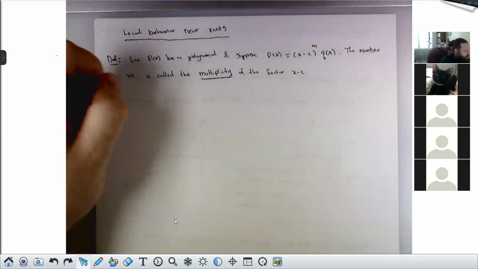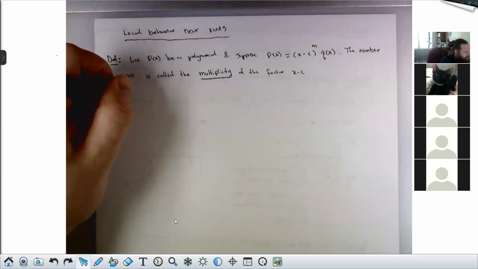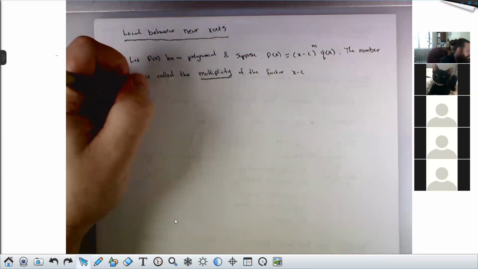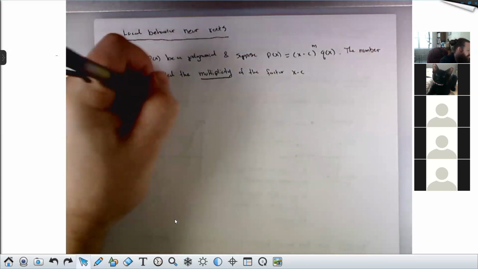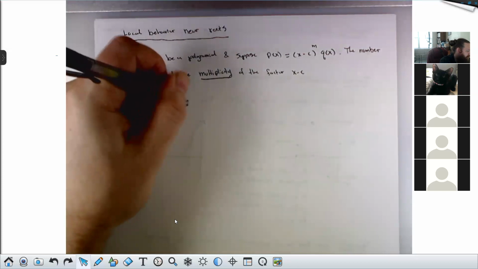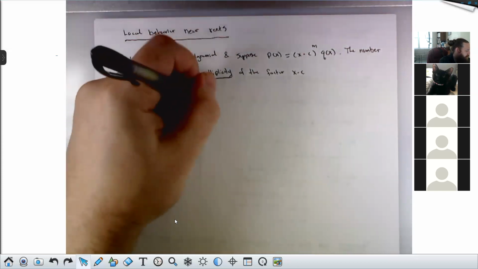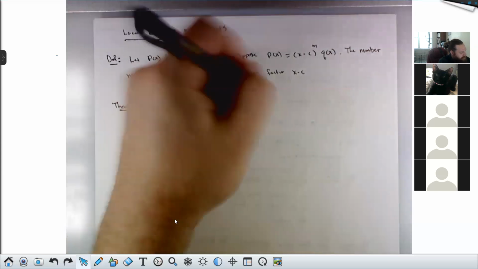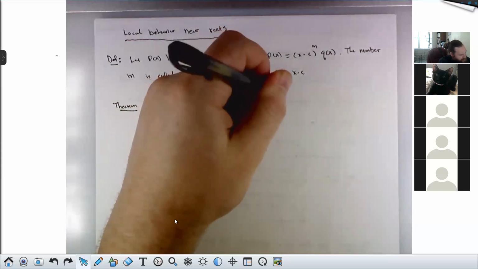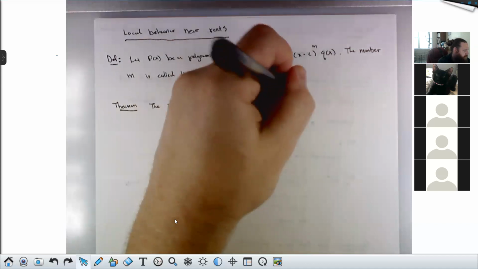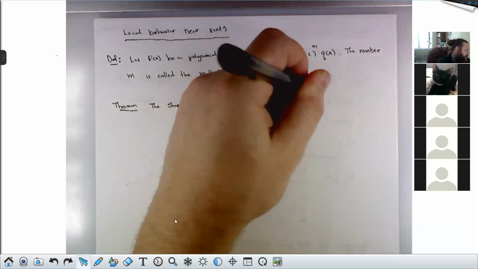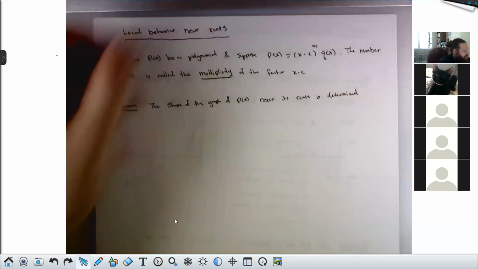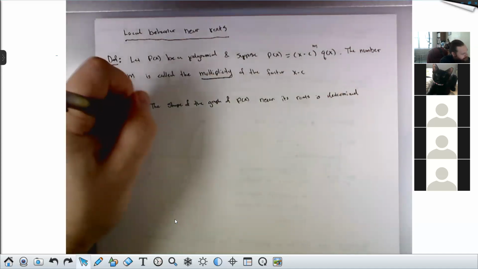So, last theorem before we apply this. The shape of the graph of p of x near its roots is determined by the multiplicity.